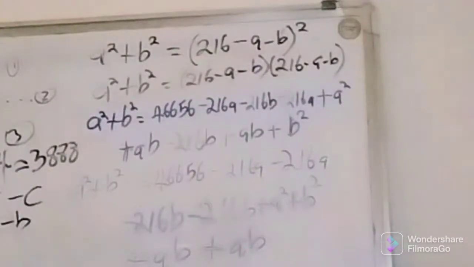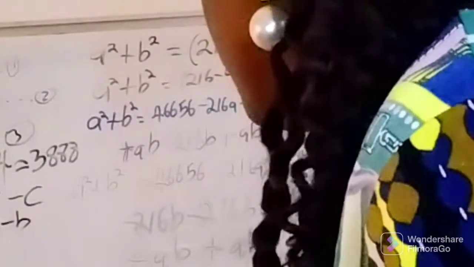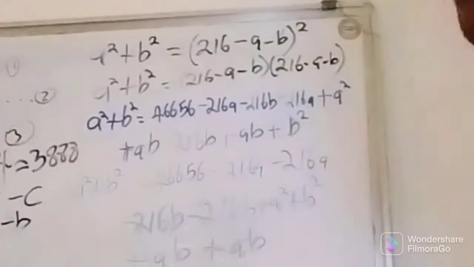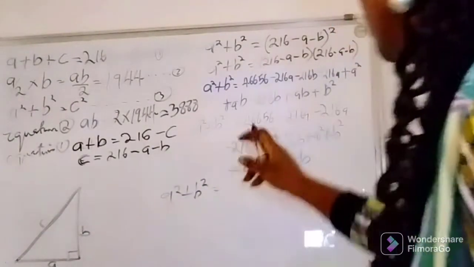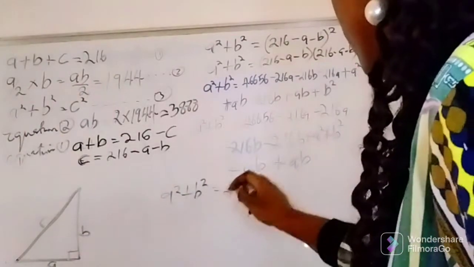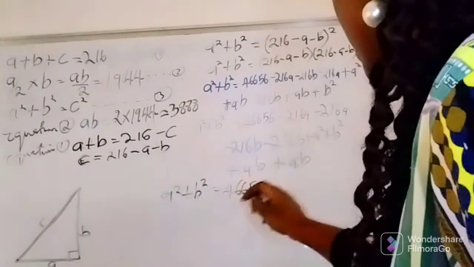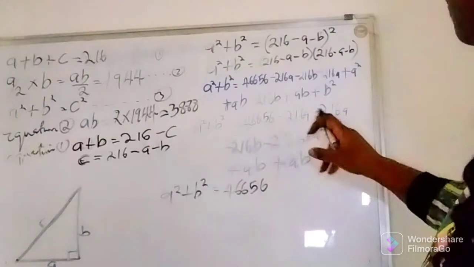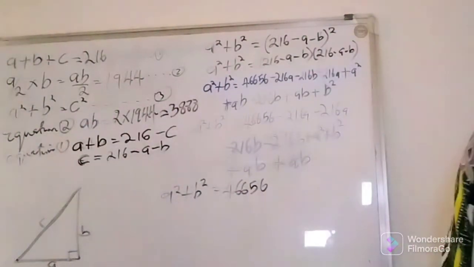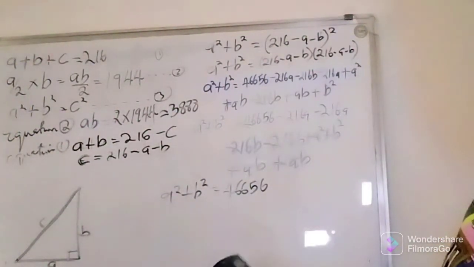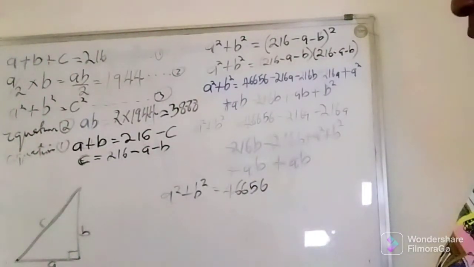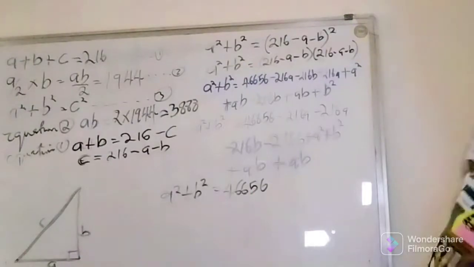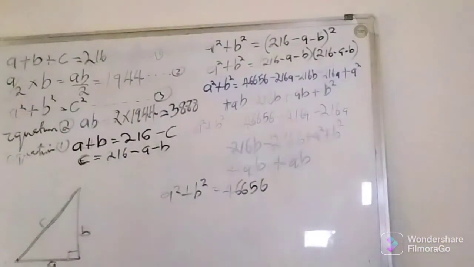So what do we do next? We'll say A squared plus B squared is equal to 46656. So minus 216 minus 216, using a calculator, will give us 432.